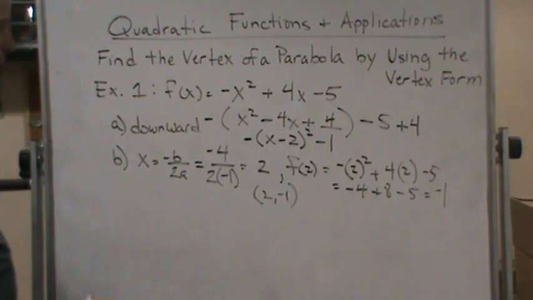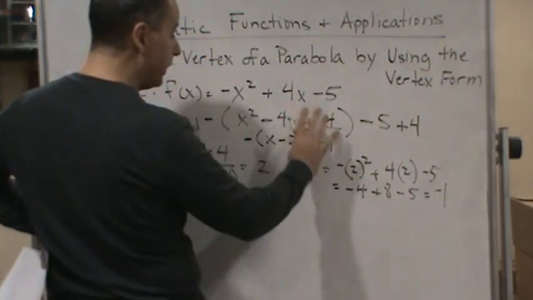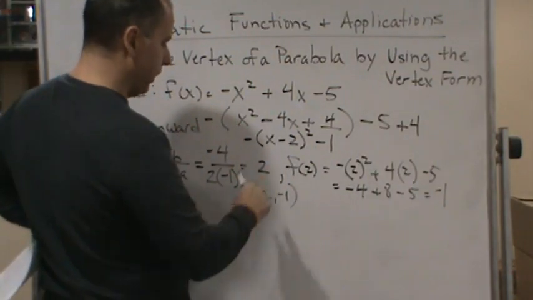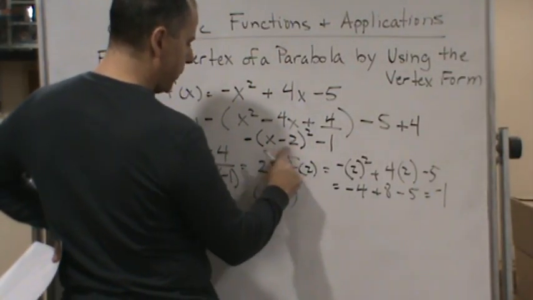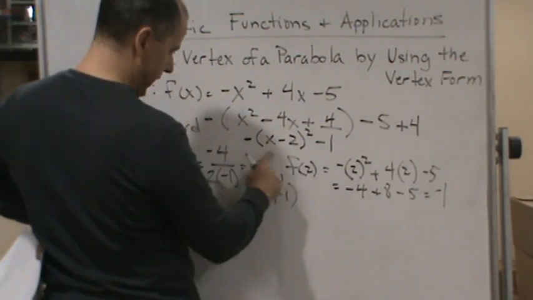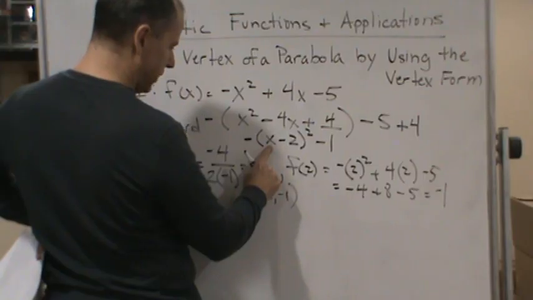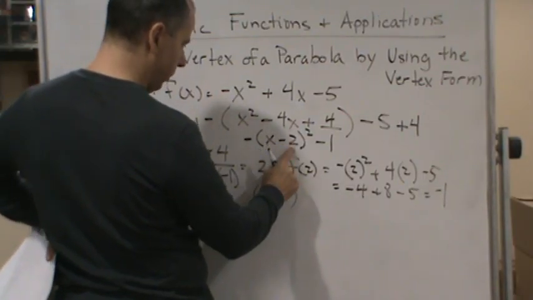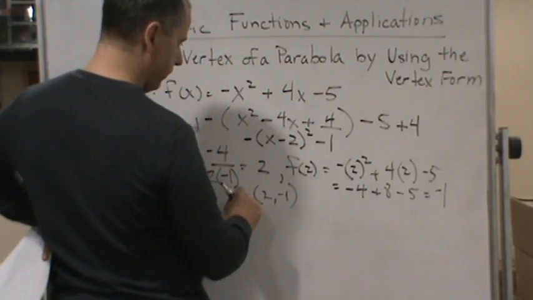Now, if you ever want to check to see if you did it right, again, always check if you ever have doubt. So redistribute this, right? If I go backwards and expand this out, this gives me x squared minus 4x plus 4, right? Boom.